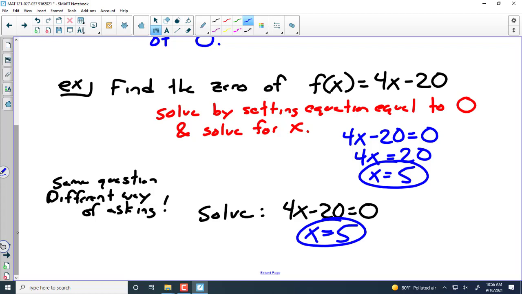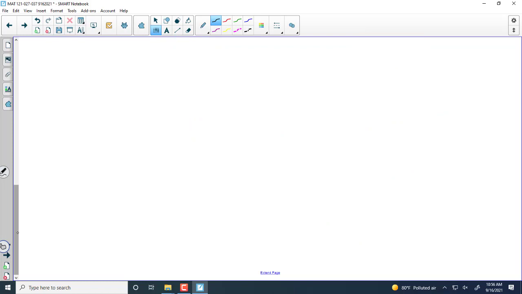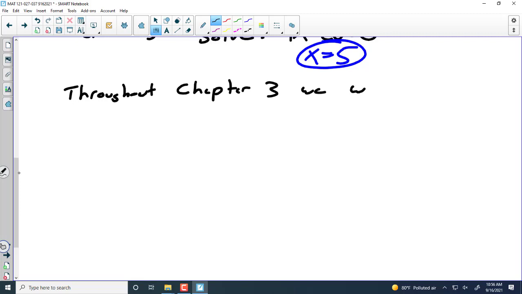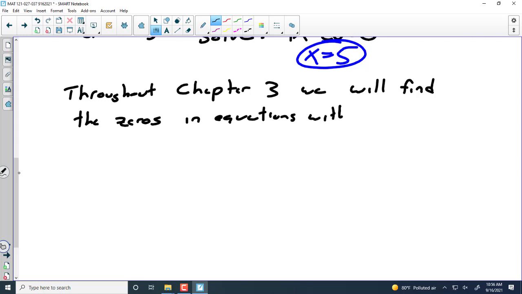So, throughout chapter 3, we will find the zeros in equations with x's to larger powers.